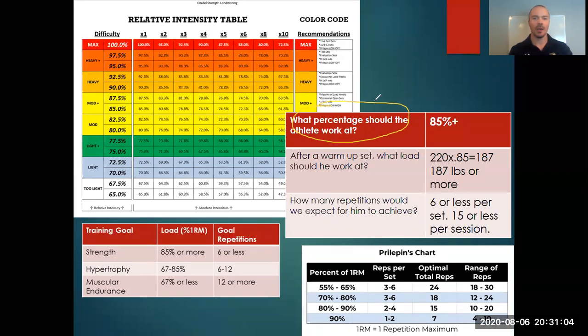So we already talked about the percentage of work for increasing bench press, for that lifter who bench presses 220 pounds. What percentage should the athlete be working at? We already highlighted where our cutoff point was for some of our 85s. And we know that we want to spend a little bit more time up in here, right?